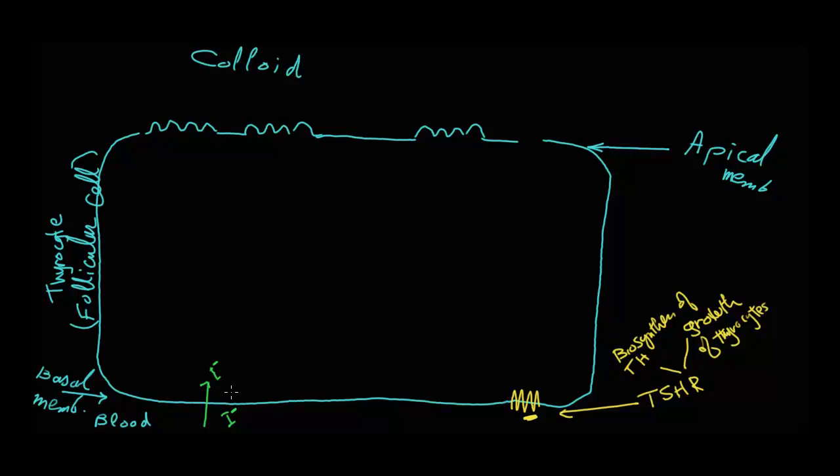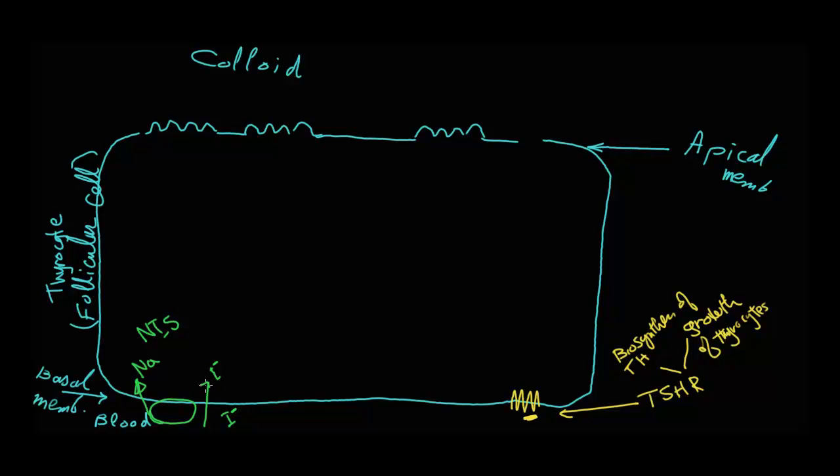And the system which is responsible for that is called the sodium iodide symporter. This symporter carries out the movement of both iodide and sodium ions from the extracellular fluid, the blood, into the cell.